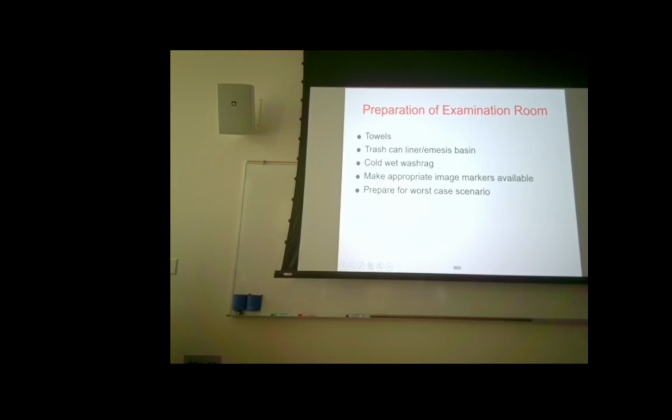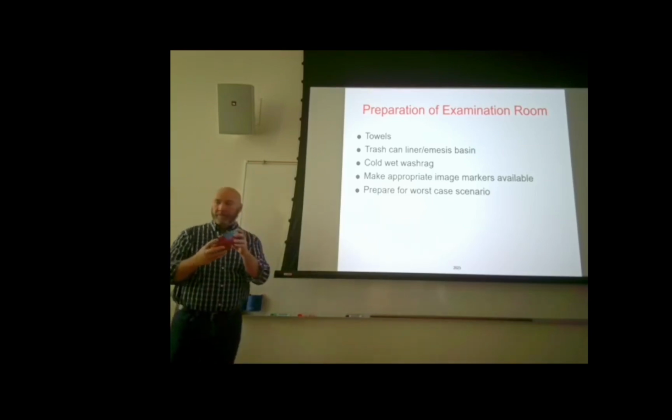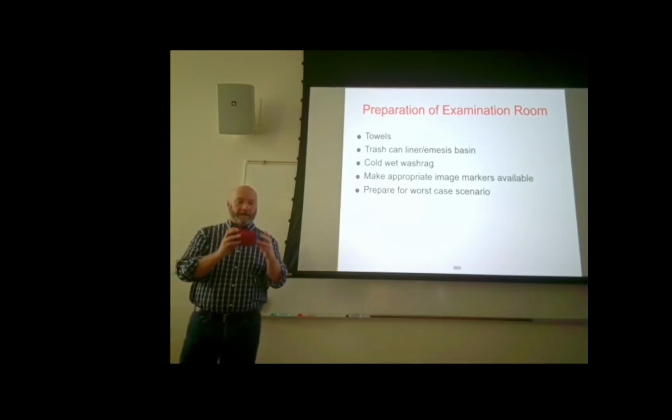So towels, trash can liners, really recommend trash can liners over an emesis basin. We're going to take a break here in a minute, but an emesis basin isn't a whole lot larger than the head of this, right? So you fill the patient up, you give them 2 pints of barium to drink, and it comes back up.